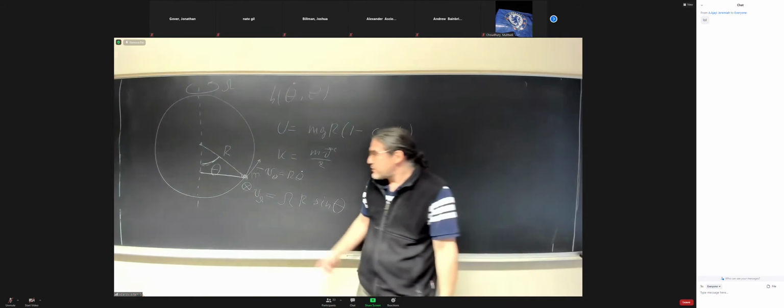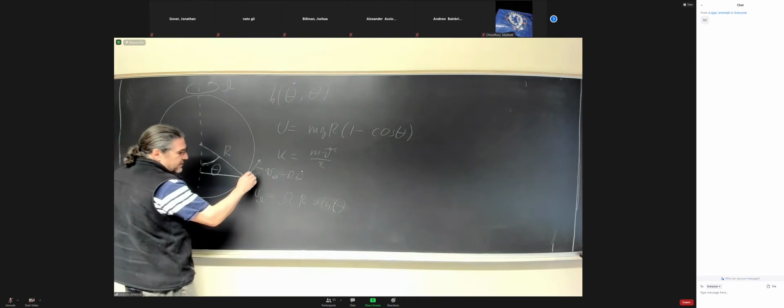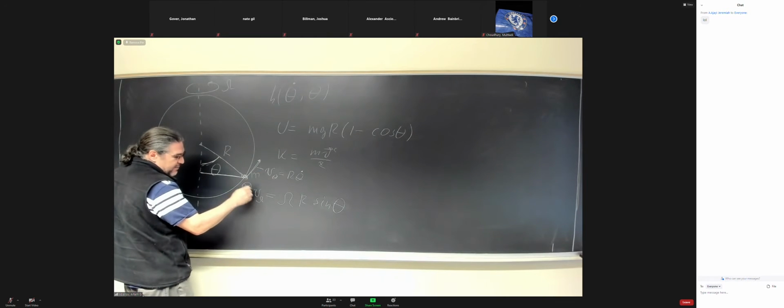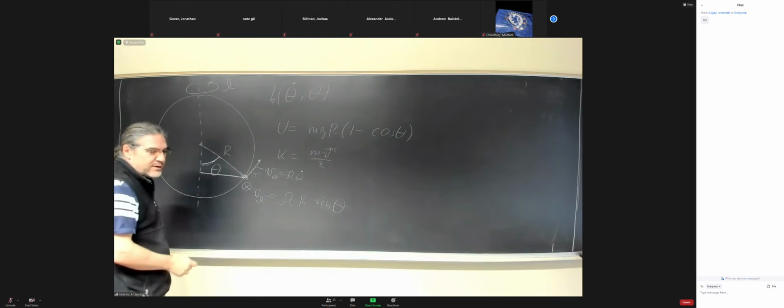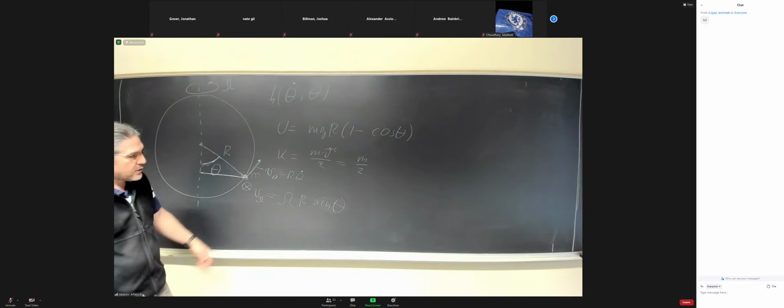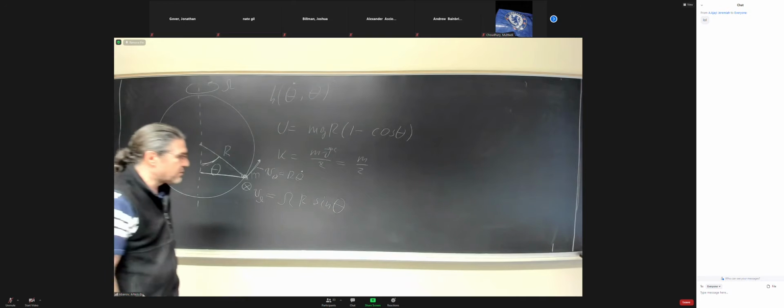But now notice that those two components are perpendicular to each other. This component, v theta, is in the plane of the blackboard, and this component is perpendicular to the plane of the board. So it means that the total velocity squared is just the square of one component plus the square of the other component.